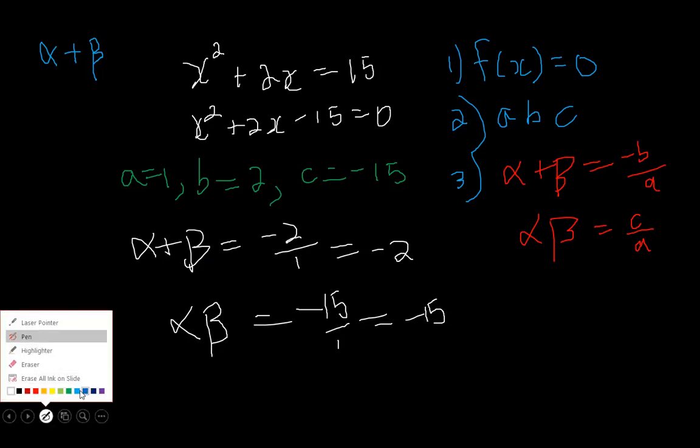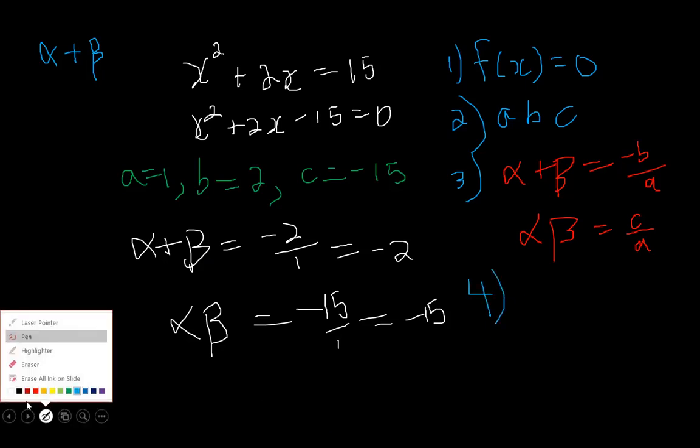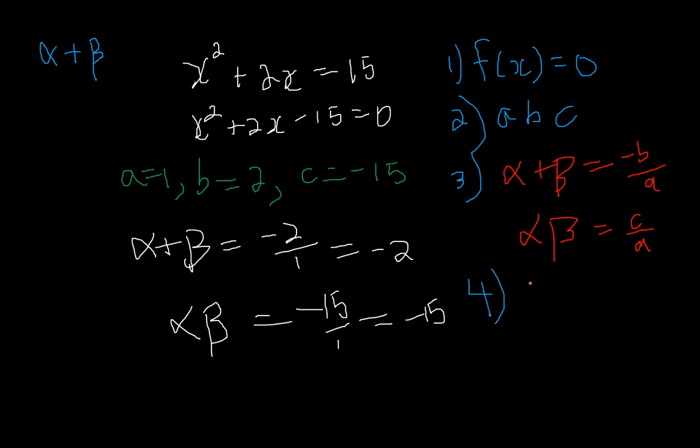All right. If they wanted me to find, okay, the only one we did last class was alpha squared beta squared. What's alpha squared beta squared equivalent to? Can anybody remember? It's alpha beta, squared.